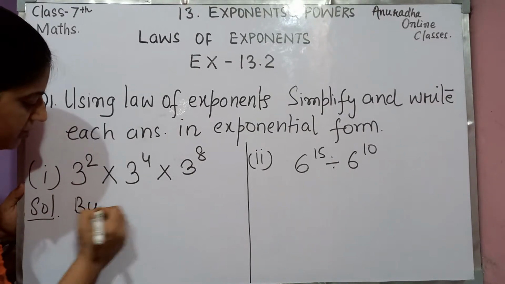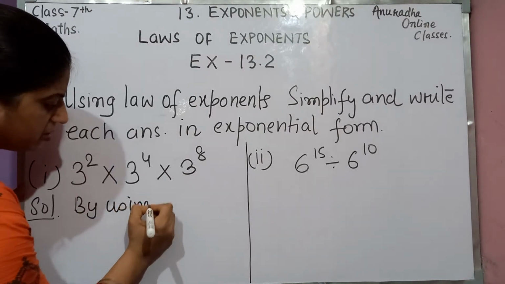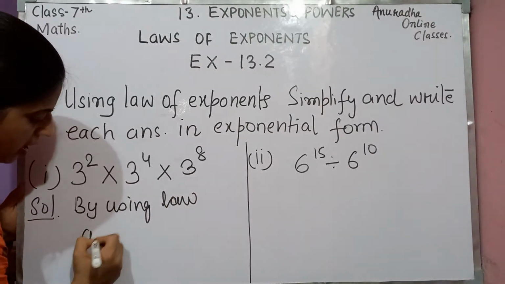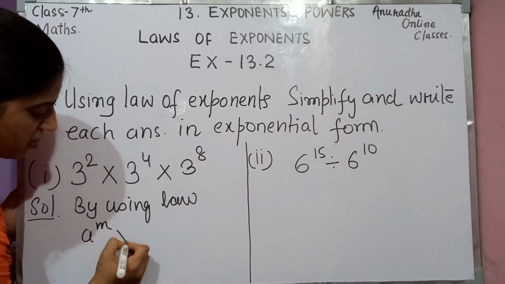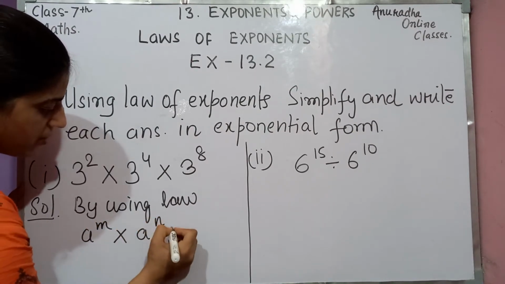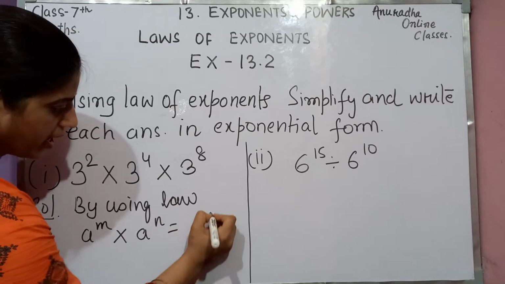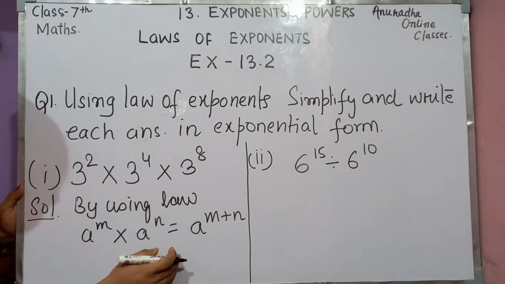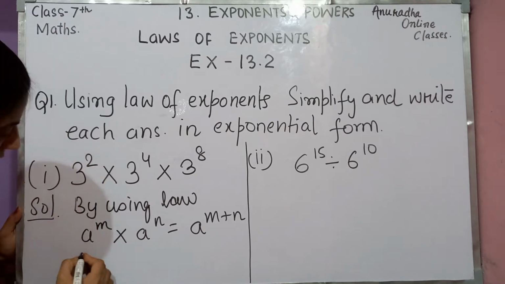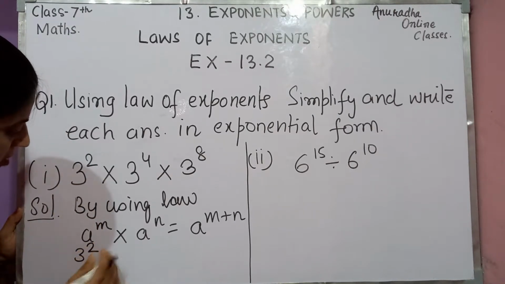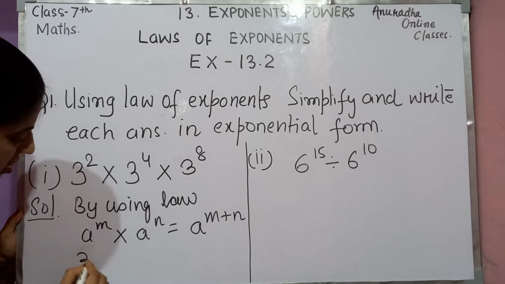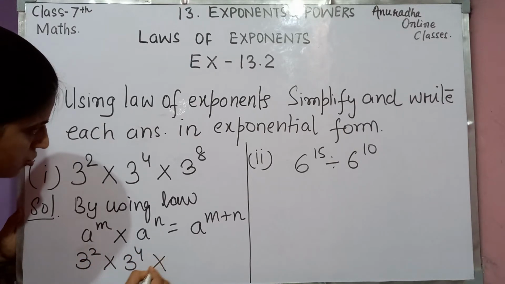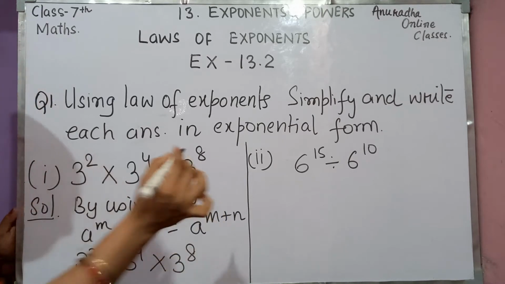By using the law a raised to the power m into a raised to the power n is equal to a raised to the power m plus n. By using this law, what will we do? 3 raised to the power 2 into 3 raised to the power 4 into 3 raised to the power 8.